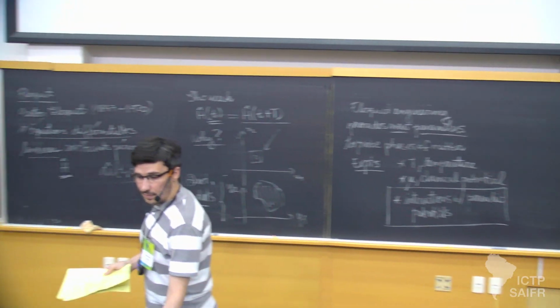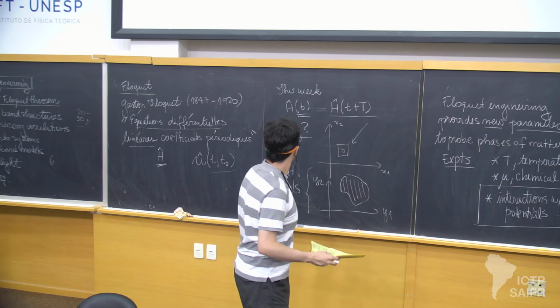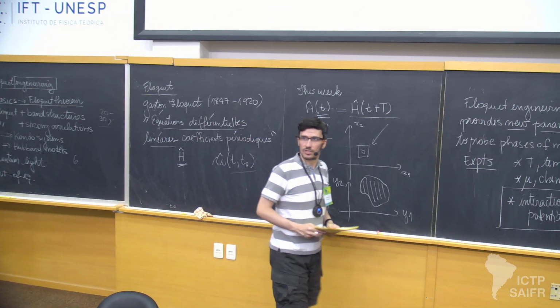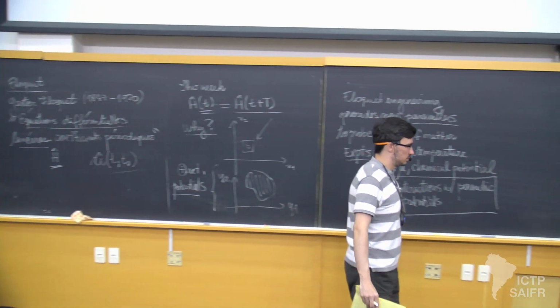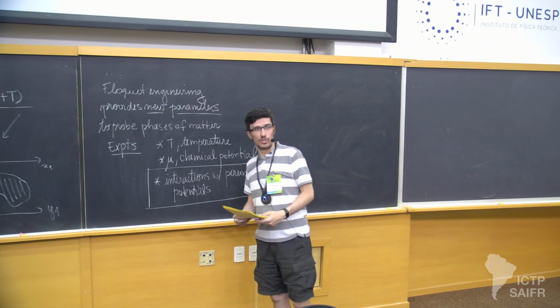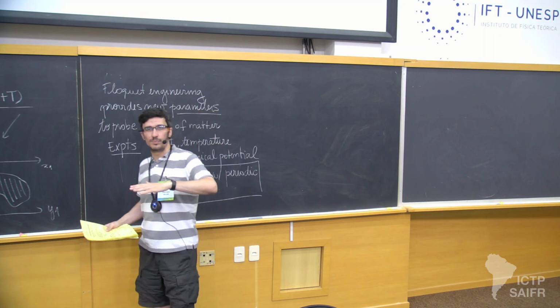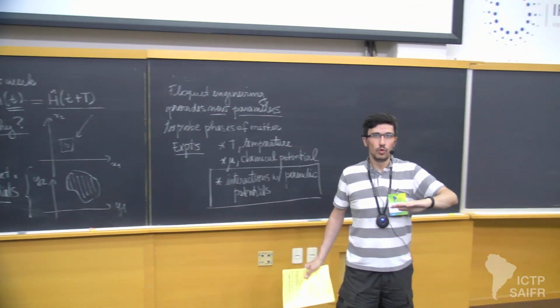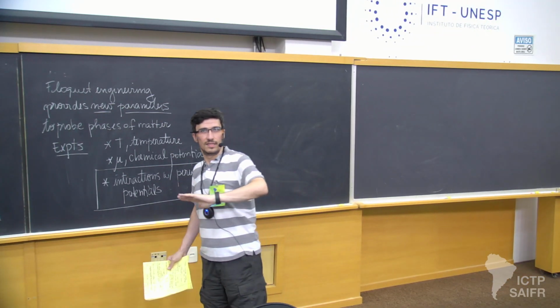Let's start by doing some theory then. Let's see what we can do to solve this Hamiltonian. I will be drawing many analogies with solid state physics. If Schrödinger's equation is periodic in position, not periodic in time, you know how to solve this equation from solid state physics.